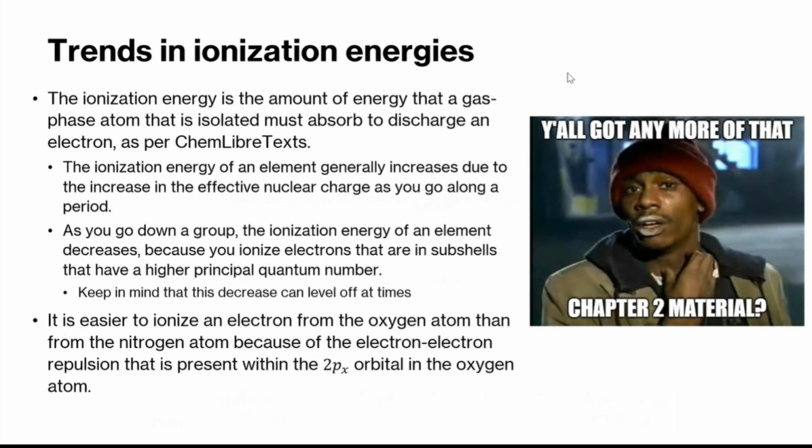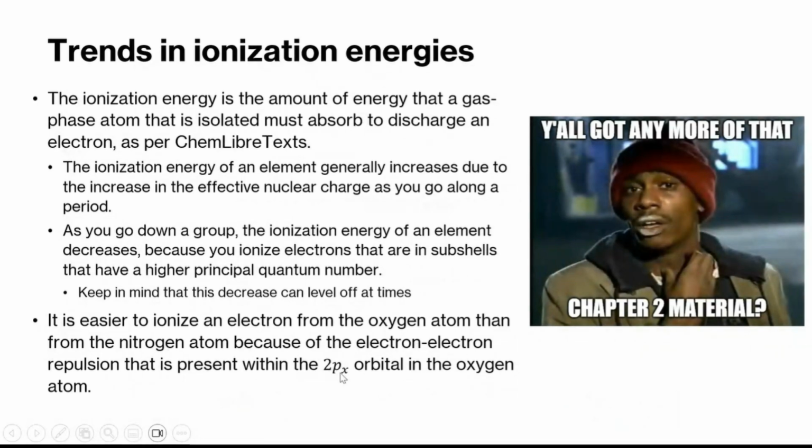However, keep in mind that this decrease can level off at times. It's easier to ionize an electron from the oxygen atom than from the nitrogen atom. This is an exception, because of the electron-electron repulsion that's present within that 2p orbital in the oxygen atom. I accidentally put 2px.